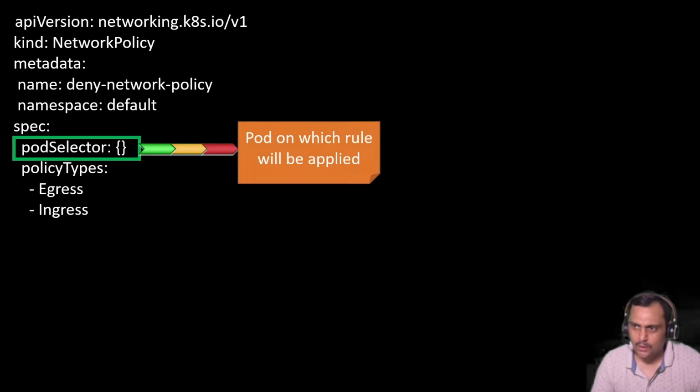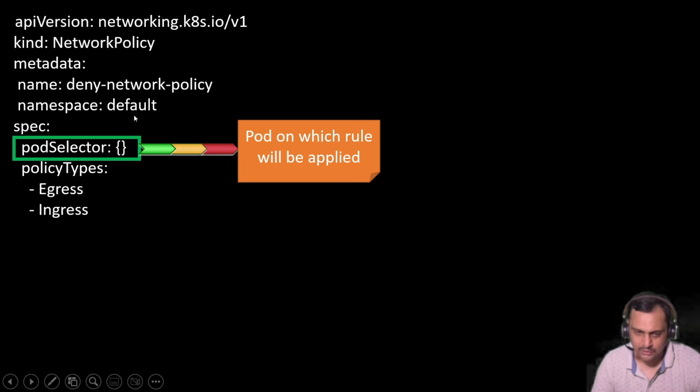It means the pods on which the rule will be applied. Here we haven't defined anything inside these curly braces. It means that it will apply on all the pods in this namespace. But here I'm using default, so it will apply to all the pods which are running inside this default namespace.